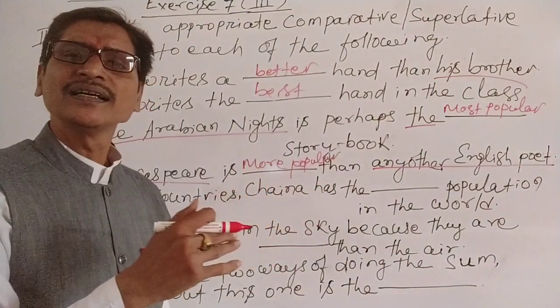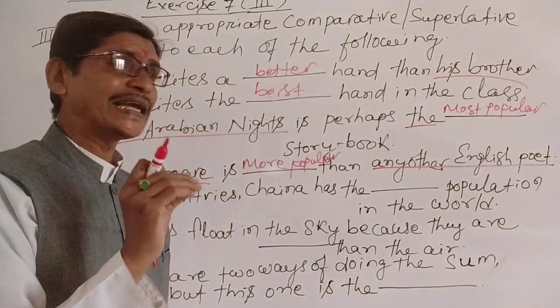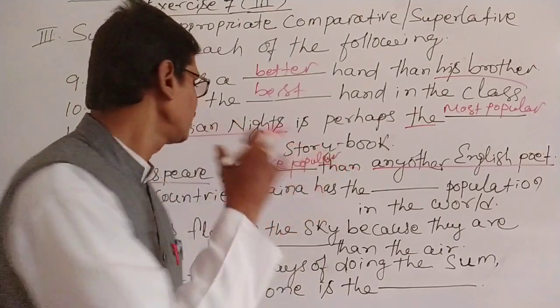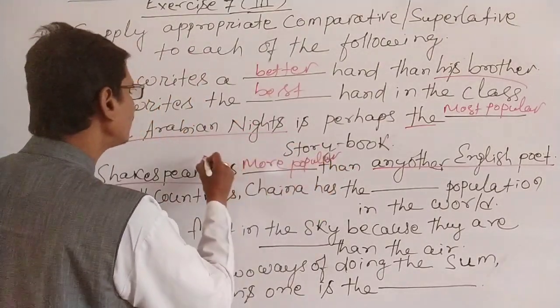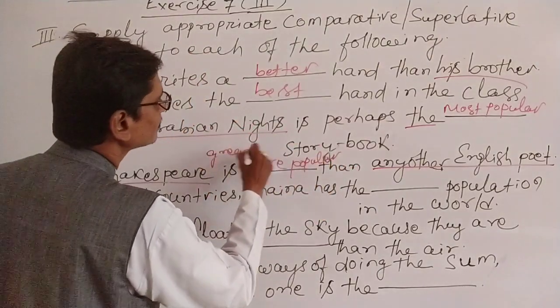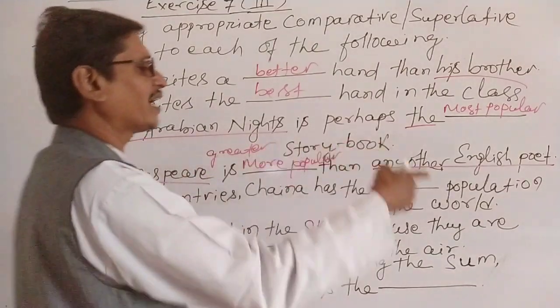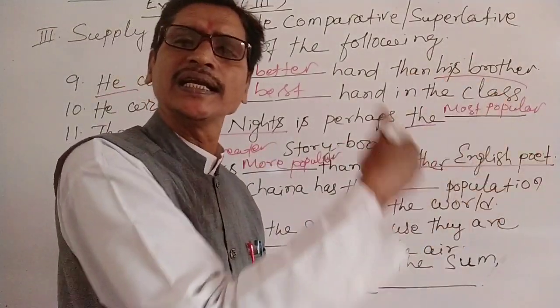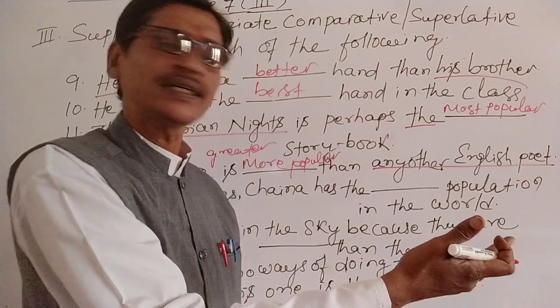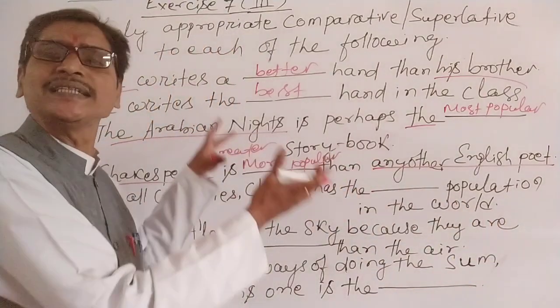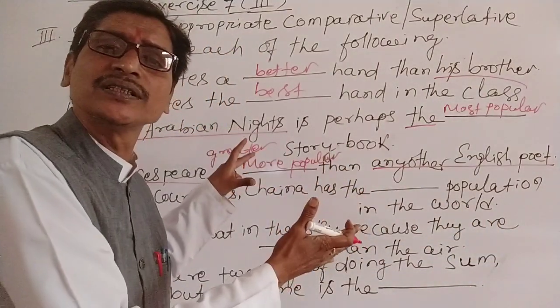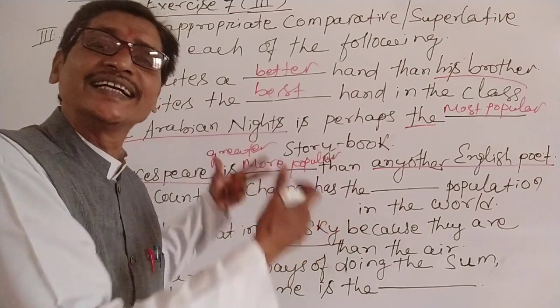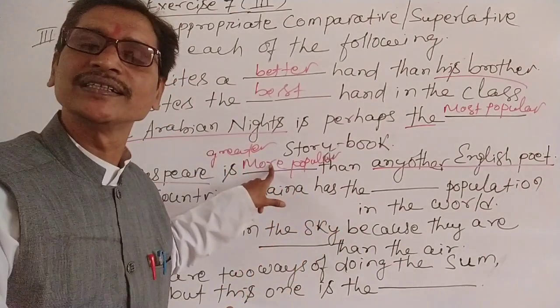Or we can take words like great. So here instead of more popular, we can write the greater. Shakespeare is greater than any other English poets. Understand? So we can use any such adjectives and their comparative degrees.